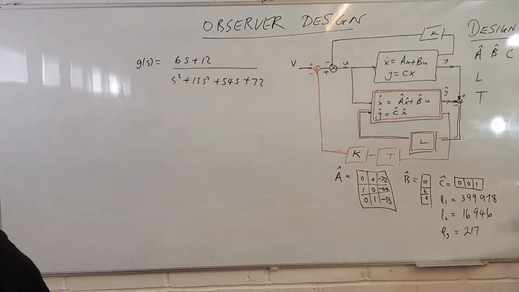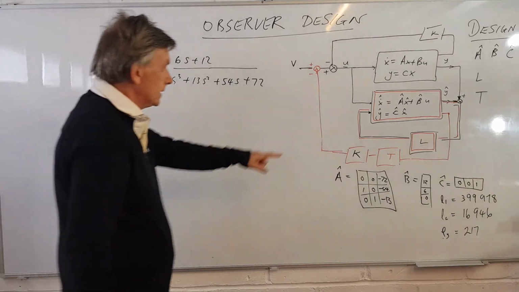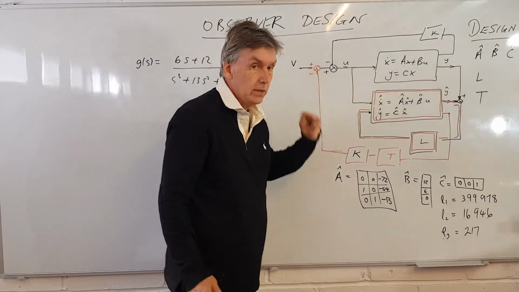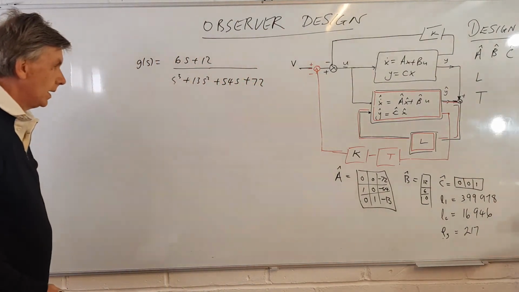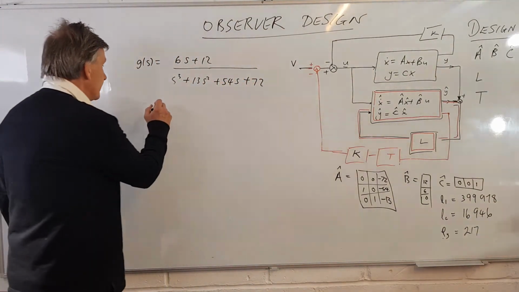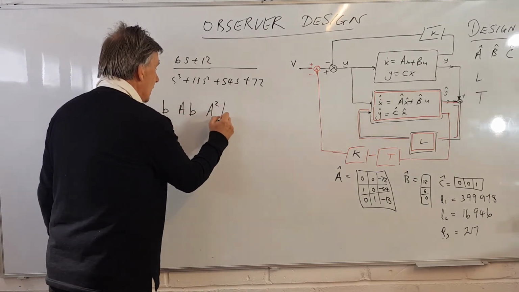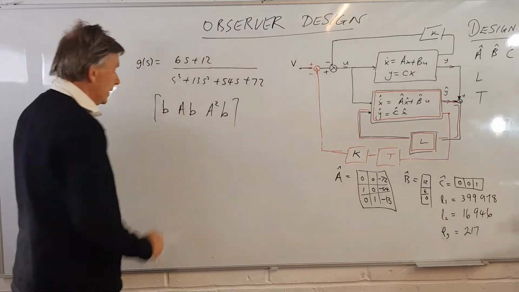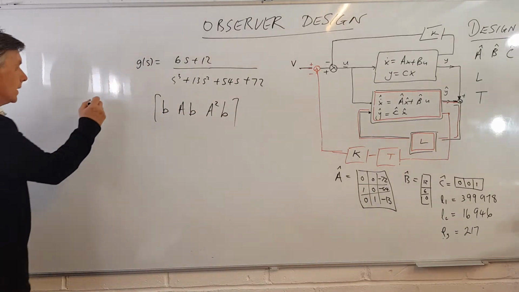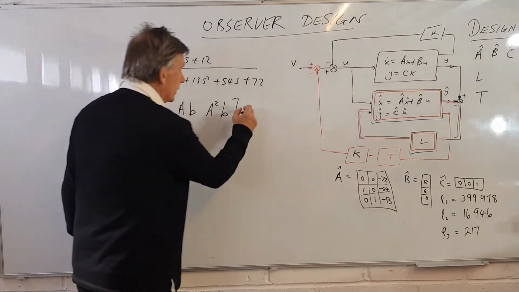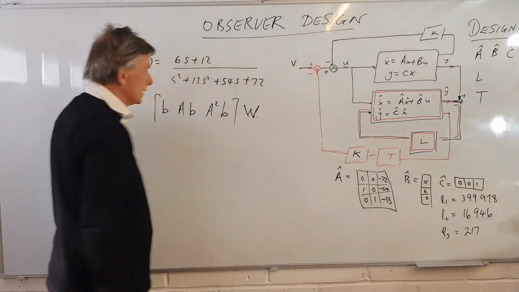The first thing we know is that if we've got any state space equations, we can convert them into companion form, which is what this one's in, by using the controllability matrix. So the controllability matrix is given by B, AB, A squared B. But it also has to be multiplied, so T, by a further matrix called W, which I'm going to explain in a second.